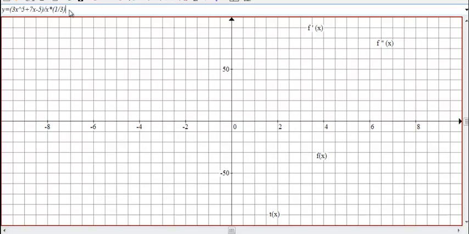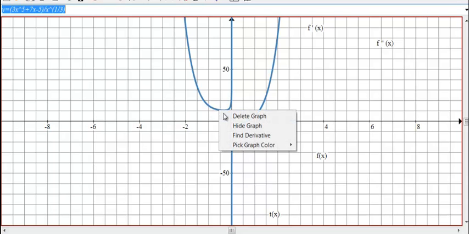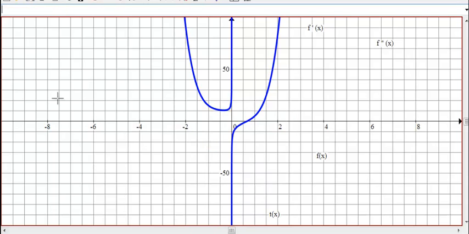That's supposed to say power, not times. Okay, so there's the original. Wow, that's kind of strange, but there it is. Okay, we'll put it blue. Alright, so that's the original function.